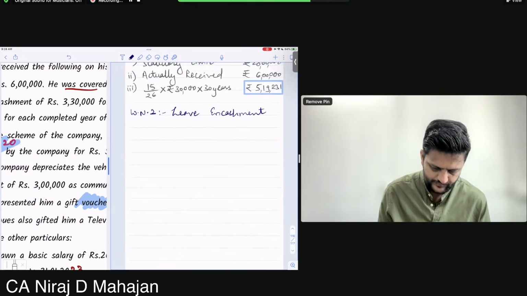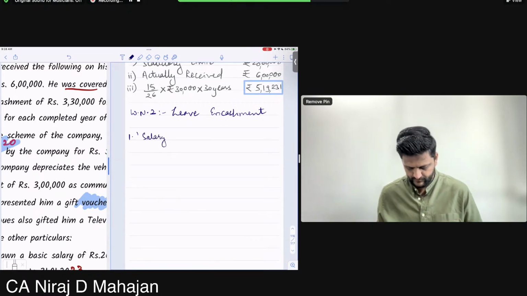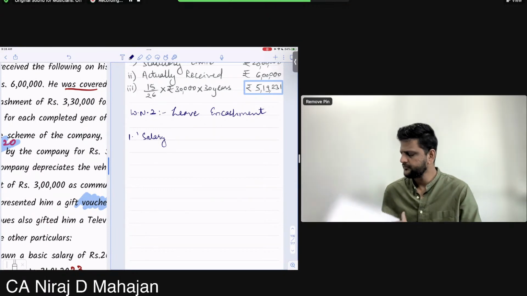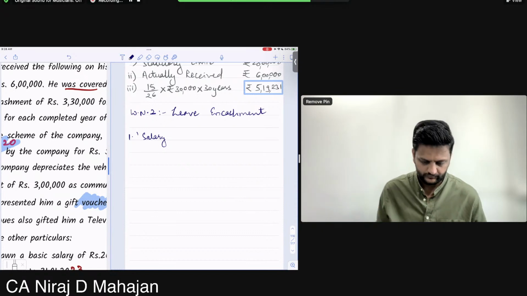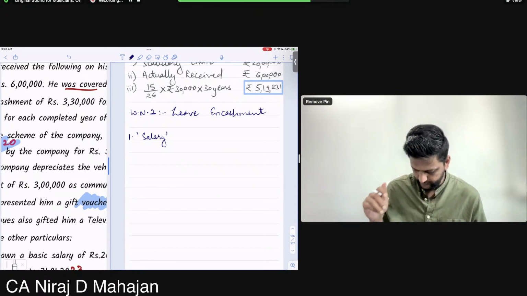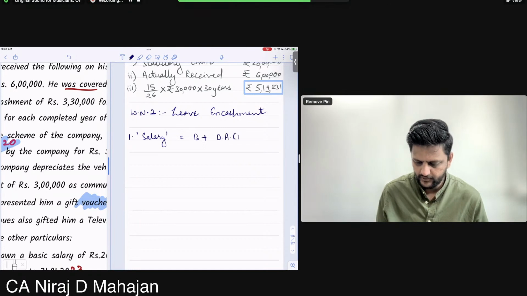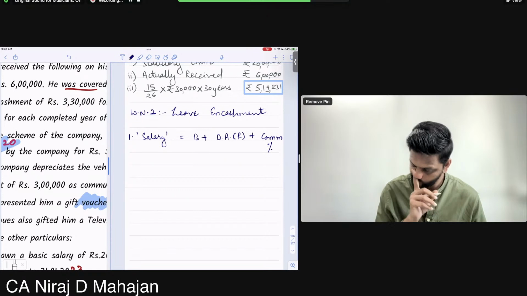So first, salary for this purpose is what? Basic plus DA forming part of retirement plus commission as a fixed percentage of turnover.